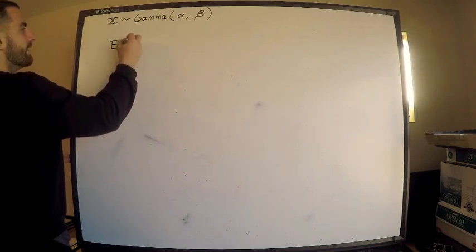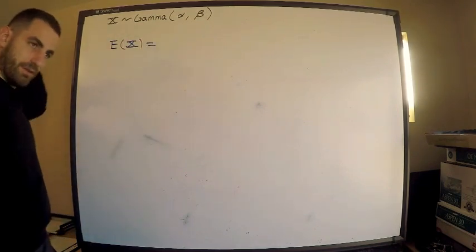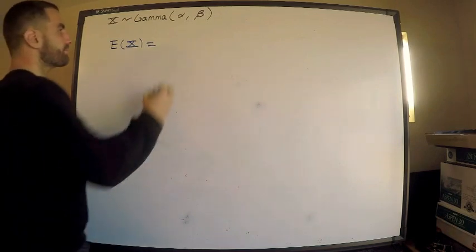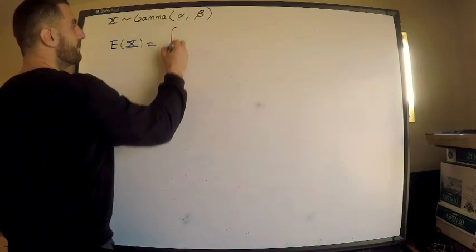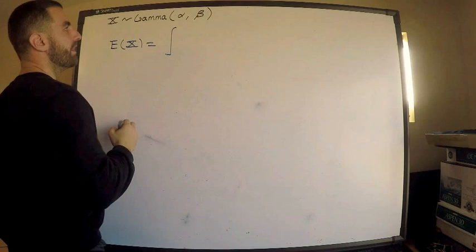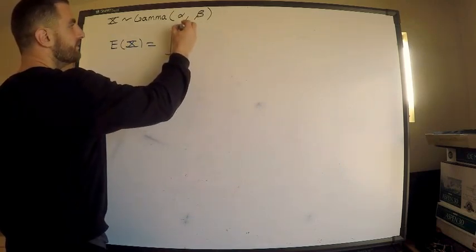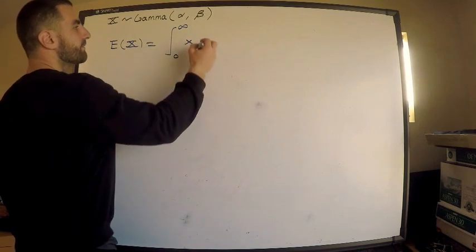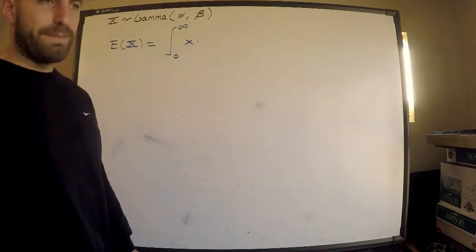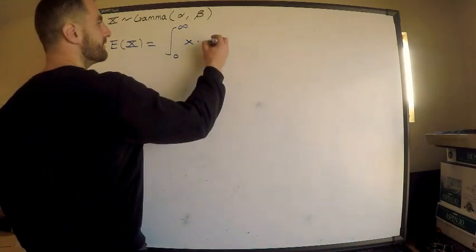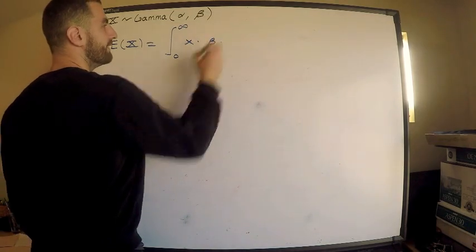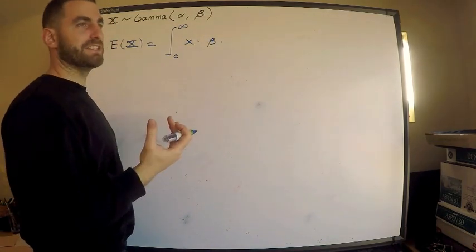The expected value of x is equal to, by definition, I need to integrate over all the values of the random variable. The values go from 0 to infinity of x times the PDF. The PDF, as I mentioned, I remember as beta times a variation of Poisson.